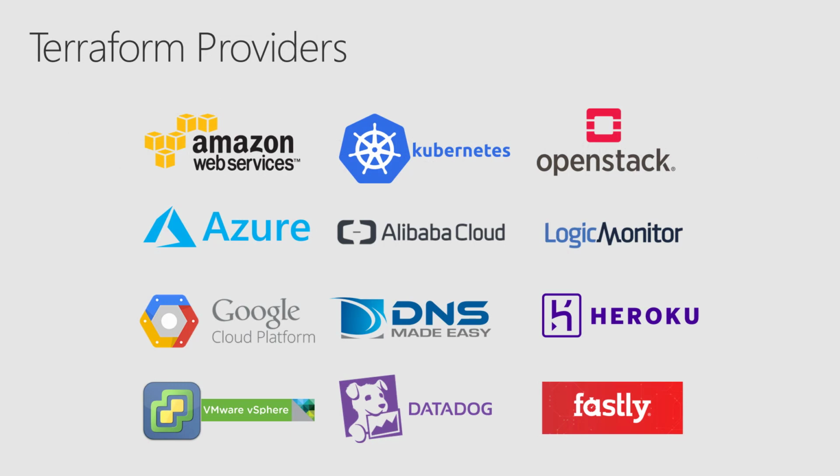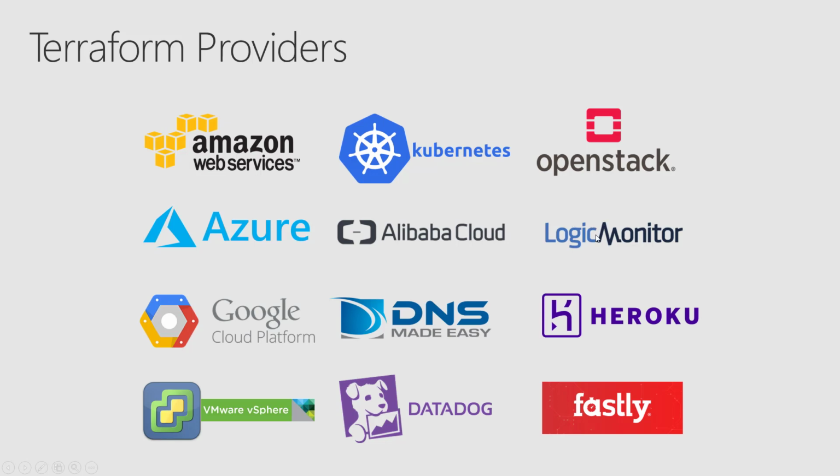So here's one of the advantages of Terraform that you see here, providers. Now look at the number of providers that it supports. You have Amazon Web Services, Azure, Google Cloud, VMware, vSphere. Not only that, because once you provision your infrastructure, you may want to provision monitoring for your infrastructure. So it can also provision LogicMonitor.